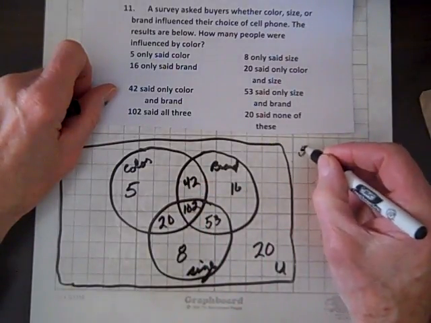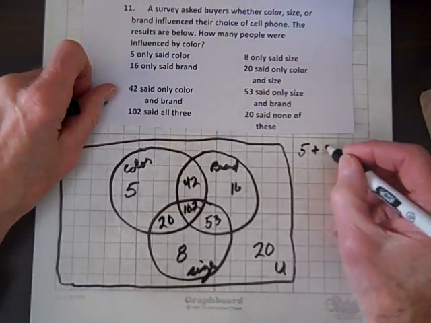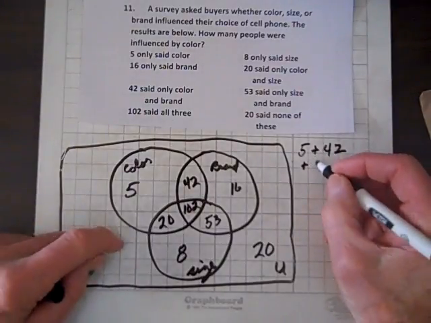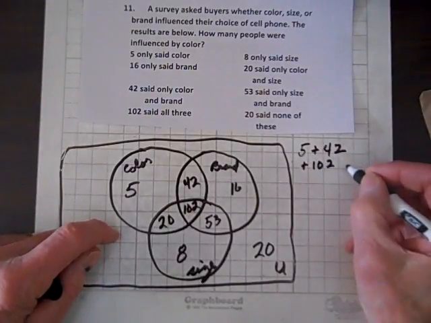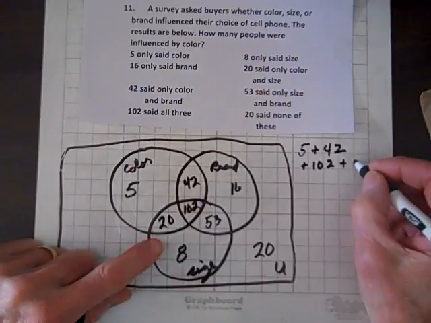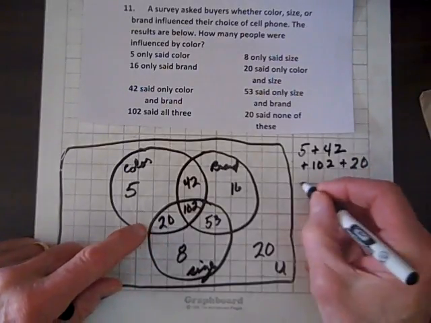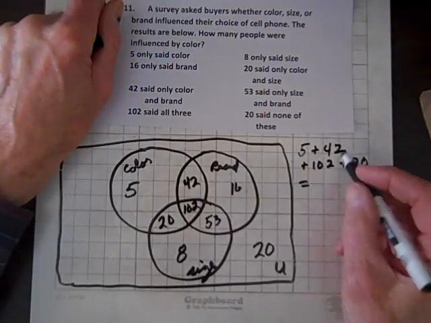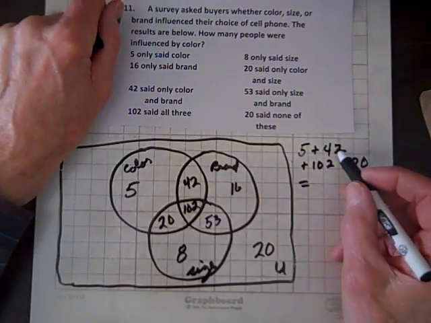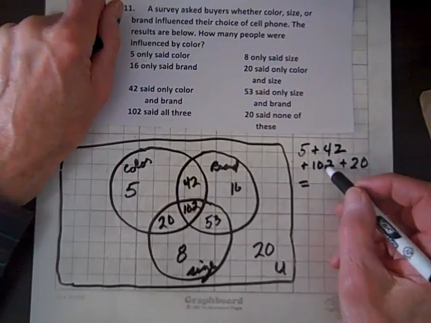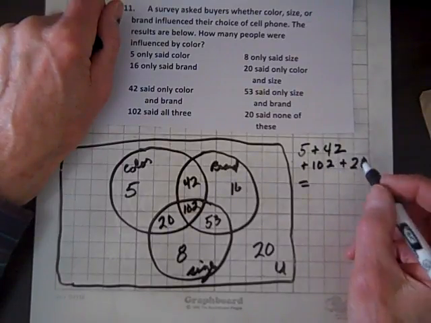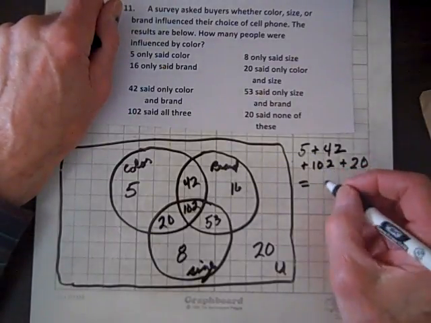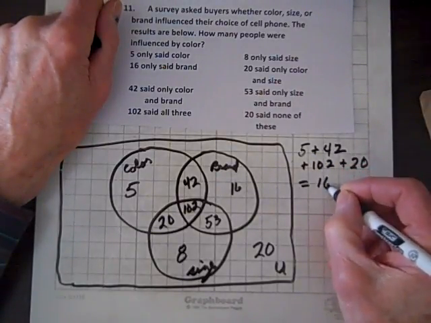We've got 5 plus 42 plus 102 plus 20 equals, okay, well, let's see, 102 and 42 is 144, plus 20 is 164, plus 5 is 169.